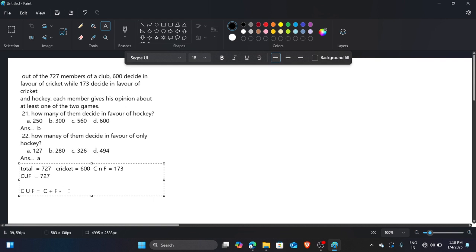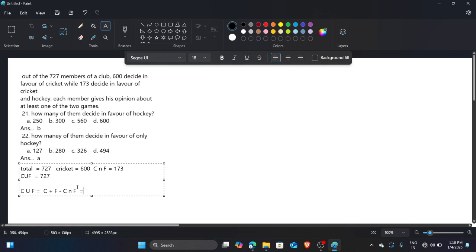So we have to subtract them one time. They are the intersection students, who love both games. So we subtract the intersection, C intersection H.